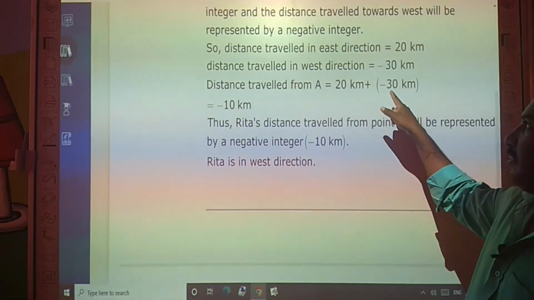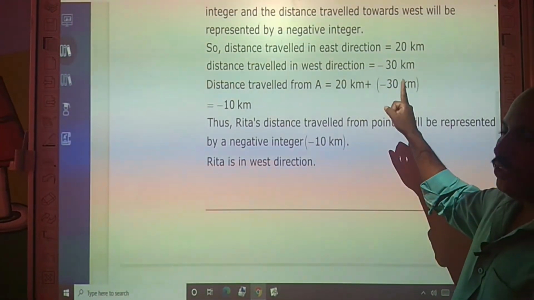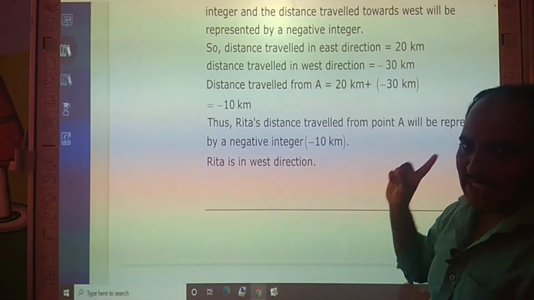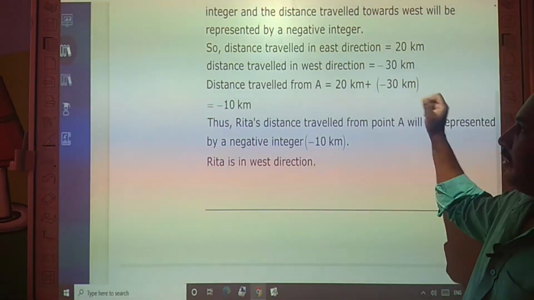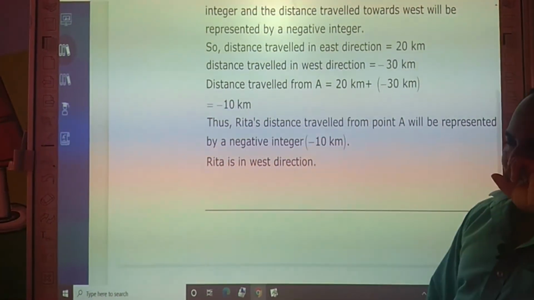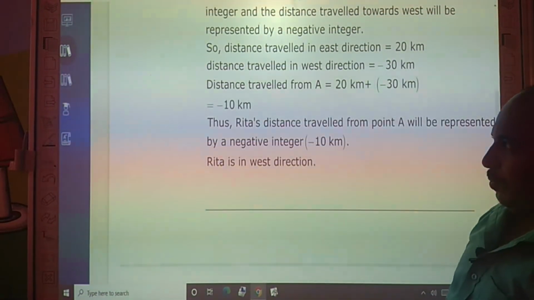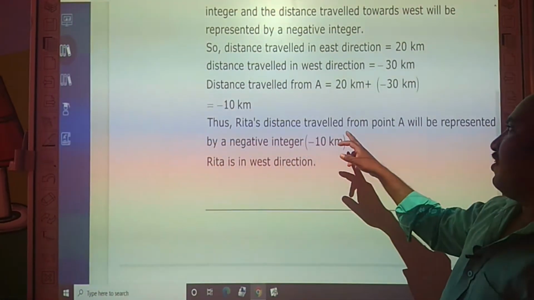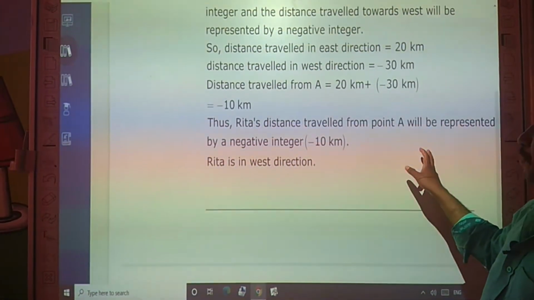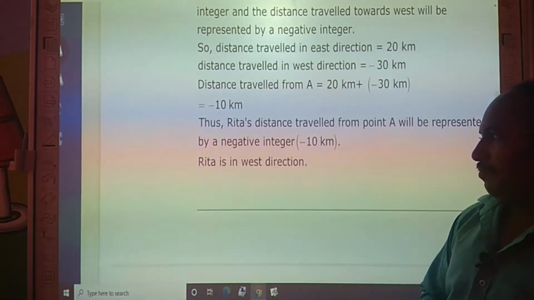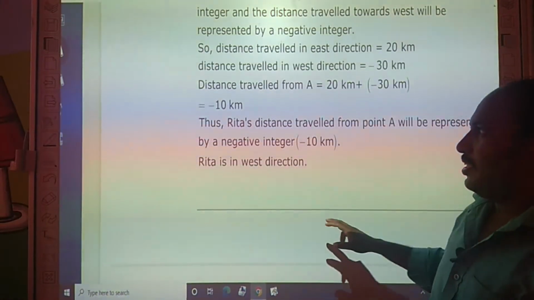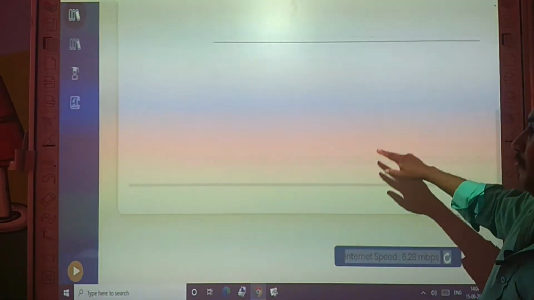Plus into minus is equal to minus. So 20 minus 30 is equal to minus 10 kilometers. The total distance traveled from point A will be represented by the negative integer minus 10 kilometers. That is in the west direction.